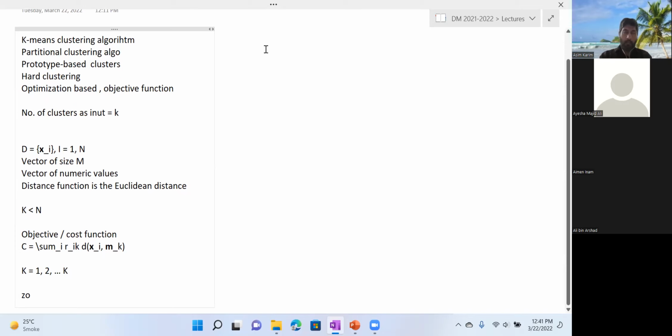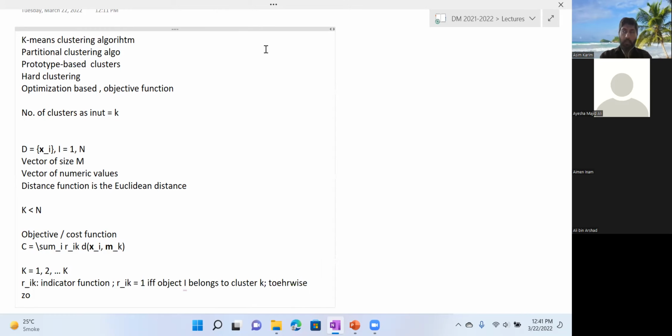And what is r i k? So this is an indicator function, which basically is equal to 1 if and only if object i belongs to cluster k.